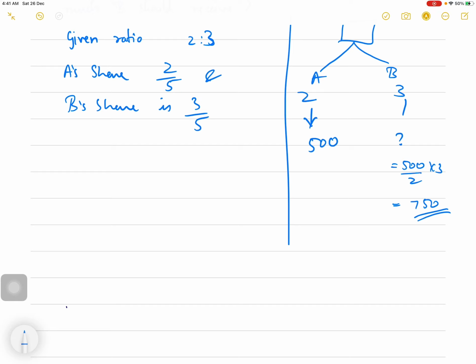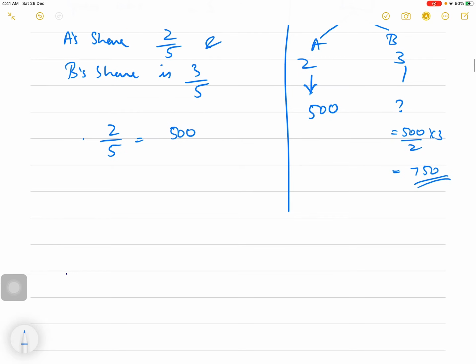Now 2/5 is equal to 500. So how much shall be 3/5? 2/5 is equal to 500.